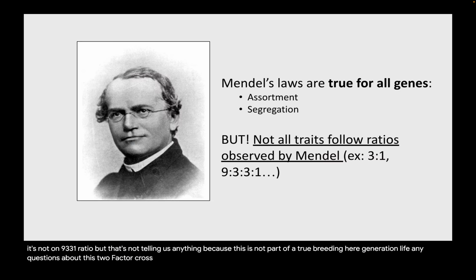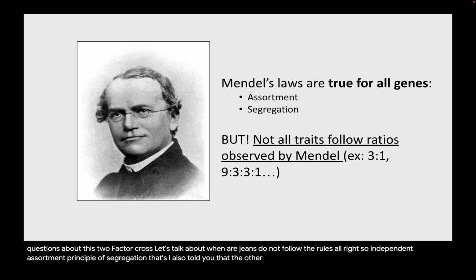All right, let's talk about when our genes do not follow the rules. All right, so independent assortment, principle of segregation, right? That's what we have talked about so far. But I also told you that the other possible pattern could be that our genes are linked.